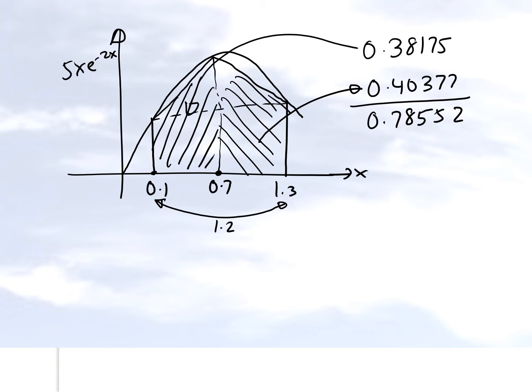That's what you're going to get as the value of the integral now, which is quite close to the exact value of 0.8937. So in this case, the absolute relative true error is approximately about 12%.